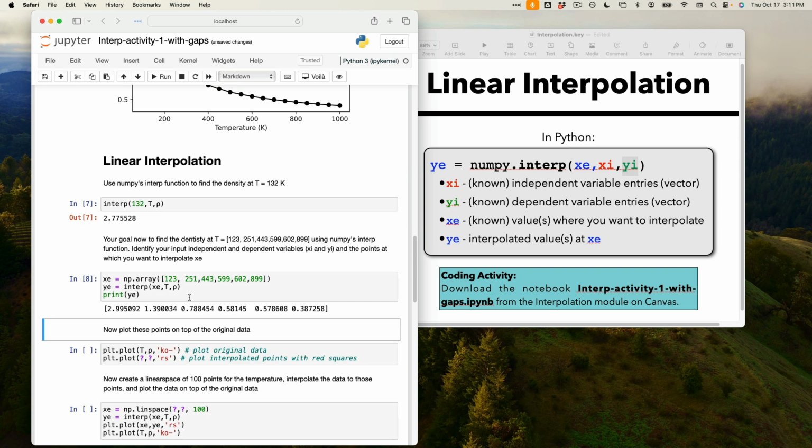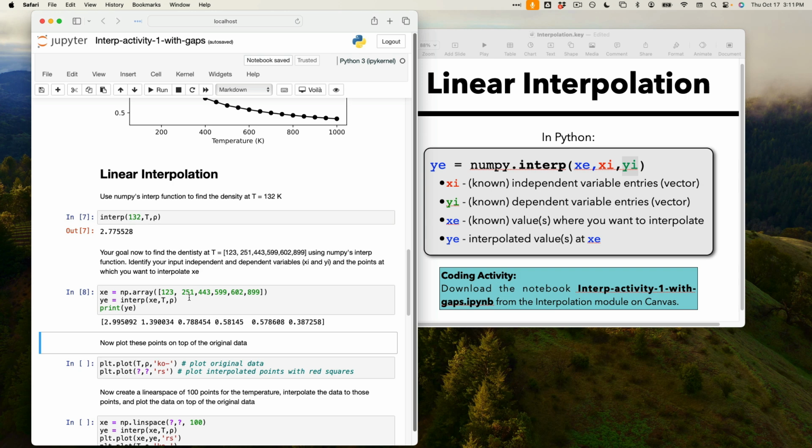They are the interpolated density values that don't exist in the input data. But they're interpolated at those temperatures. So this is the density of air. 2.99 is the density of air at 123. 1.39 is the density of air at 251. 0.38 is the density of air at 899. One to one. It's the same size as the input.